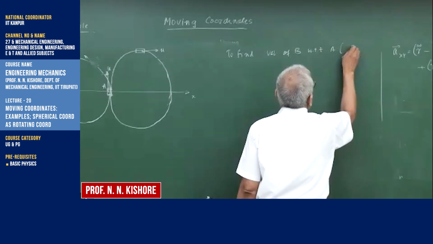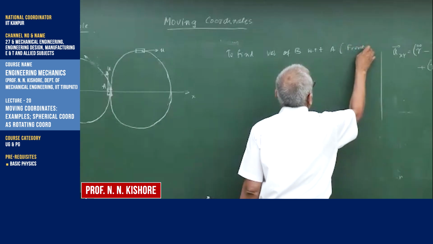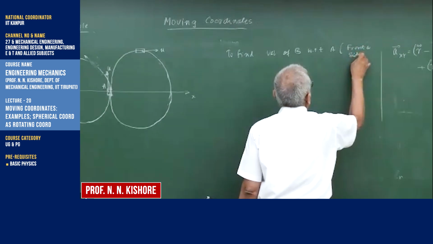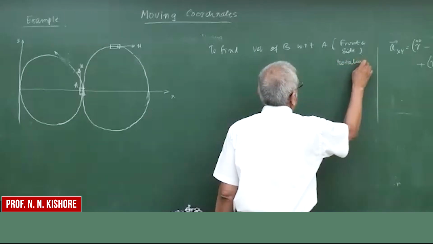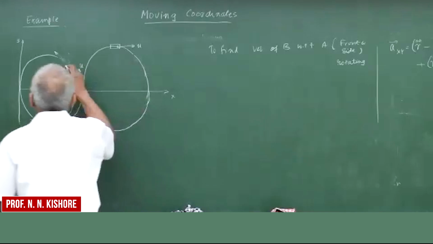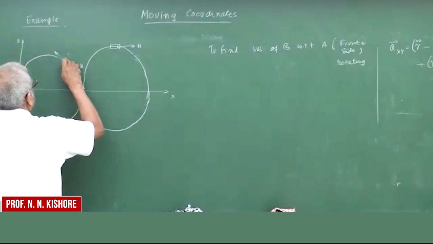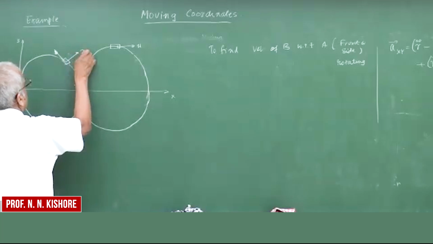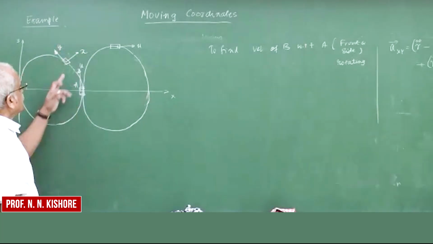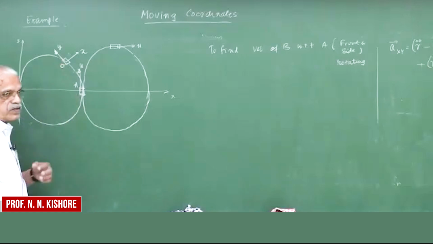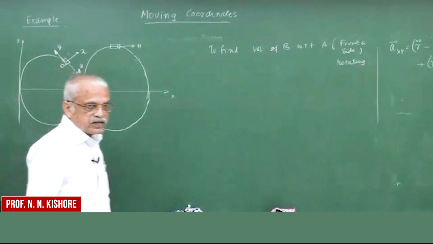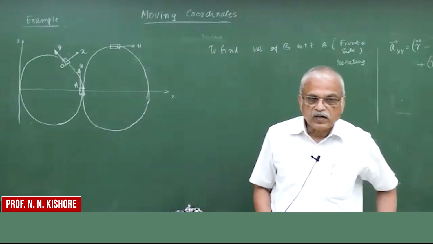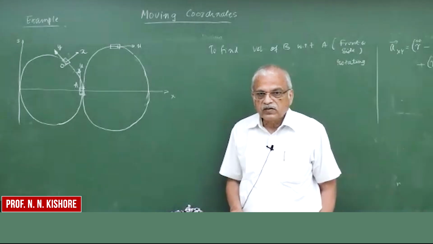So there is a rotating frame, with respect to its front and side. That means that anywhere here, for example, if you have an origin here, not only is its origin moving, but it is also rotating.